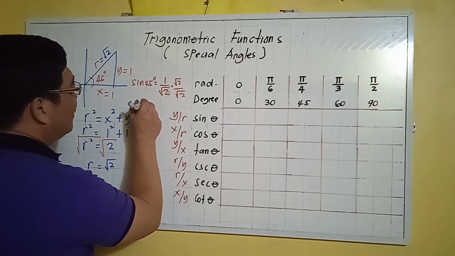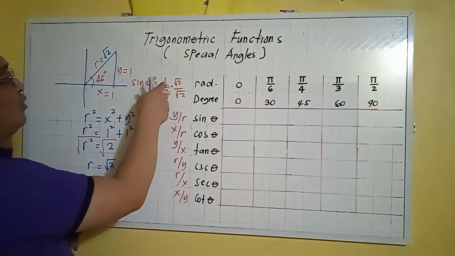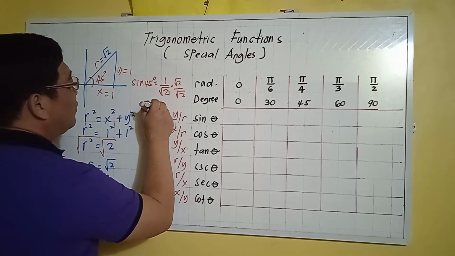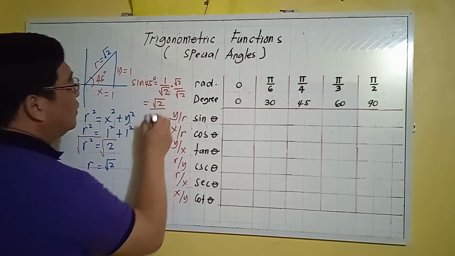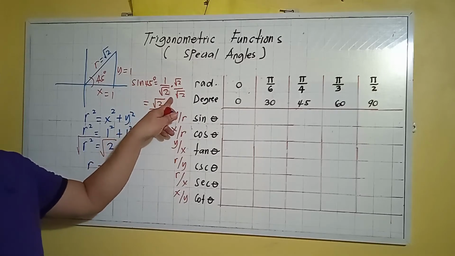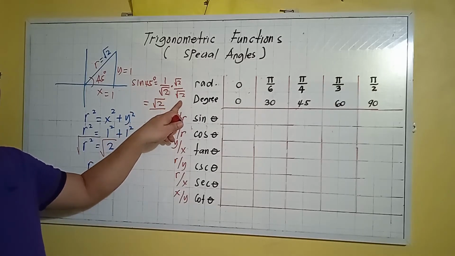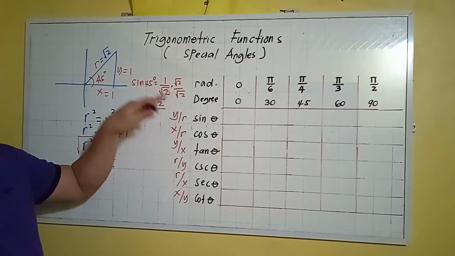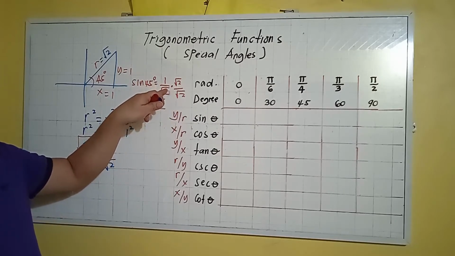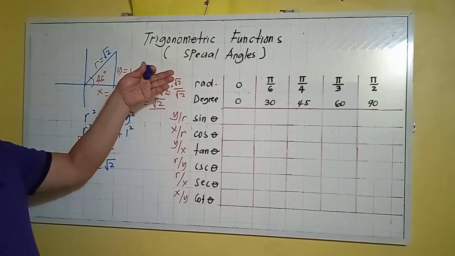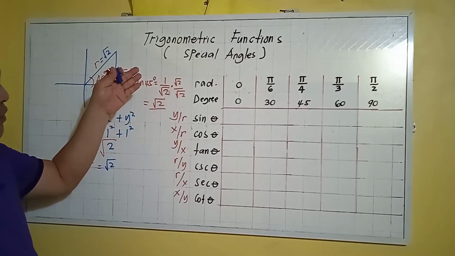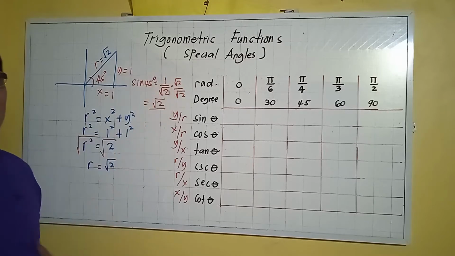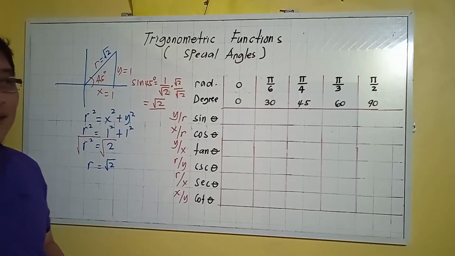And then, let's multiply 1 times square root of 2 is equals to square root of 2 over square root of 2 multiplied by square root of 2 is equals to, cancel yung square root kasi 1 half plus 1 half. If you're going to multiply exponent with exponent, yung exponent ina-add in terms of if you are going to multiply it.